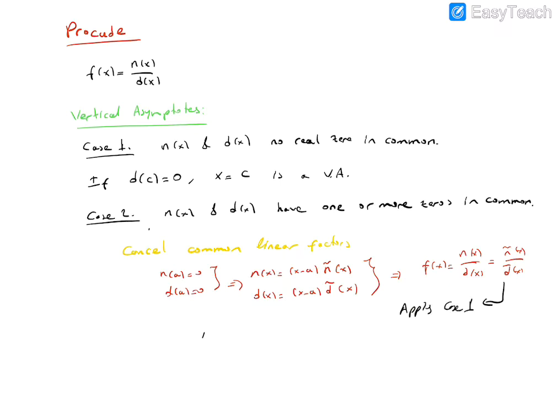So again, if a is a root of the denominator d tilde of x, then x equals a will be a vertical asymptote. If not, it is not a vertical asymptote. So after making all possible cancellations, you can decide the vertical asymptote, the meaning of this.